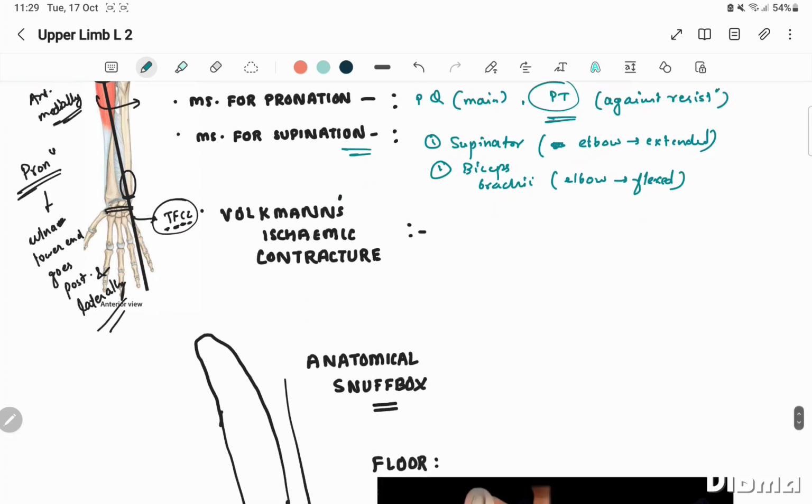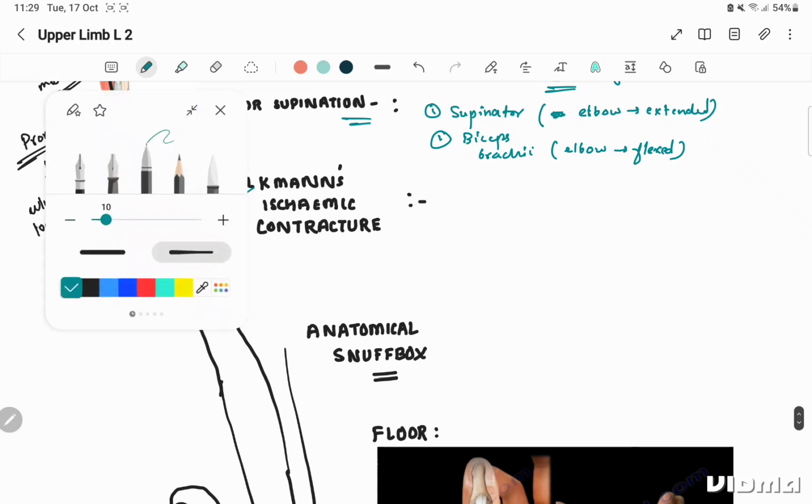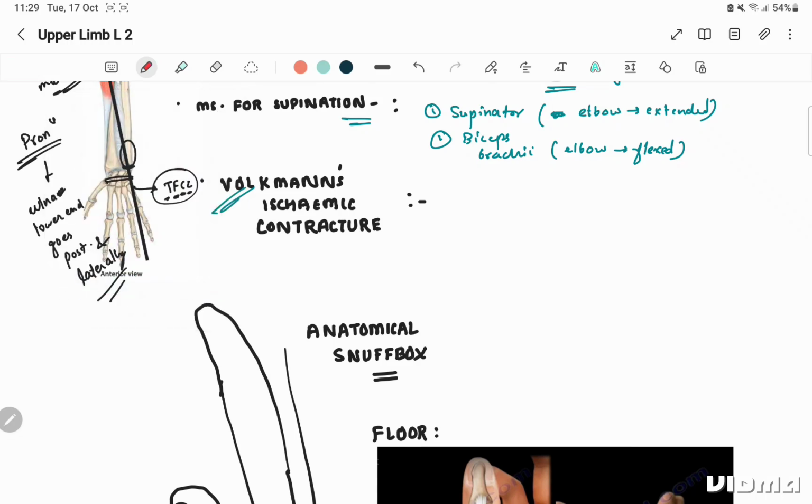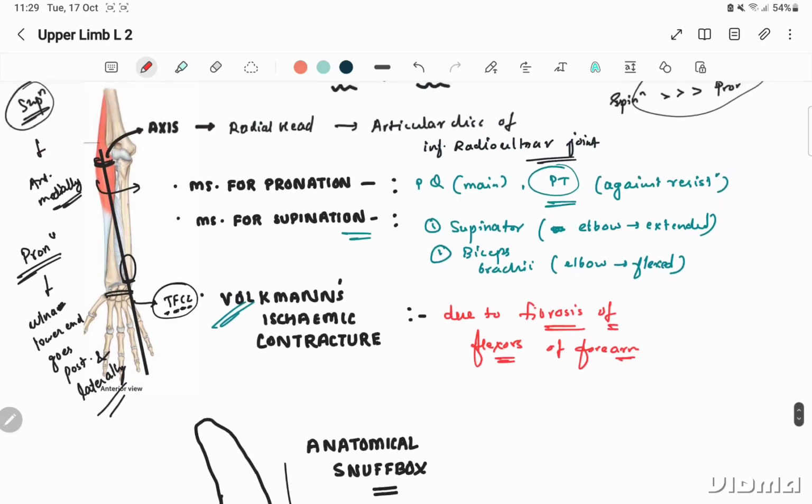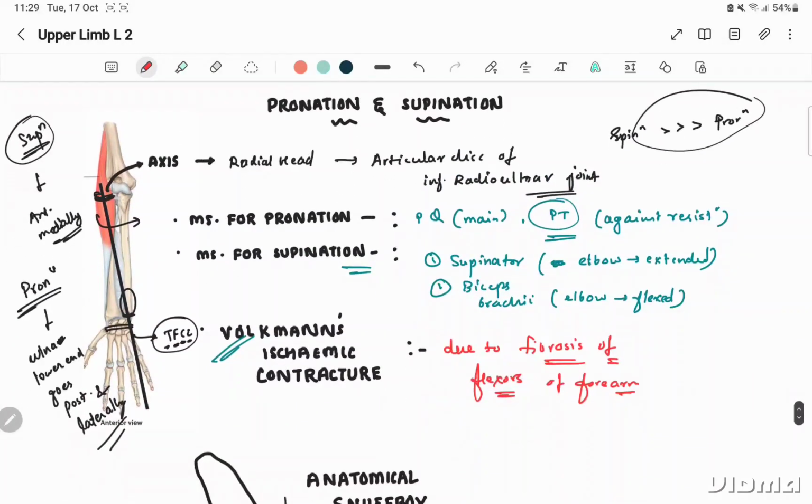Okay, then we have a term called Volkmann's ischemic contracture. It occurs due to fibrosis of majorly flexors of forearm. So when the flexors of forearm are fibrosed, the thing is called Volkmann's ischemic contracture.